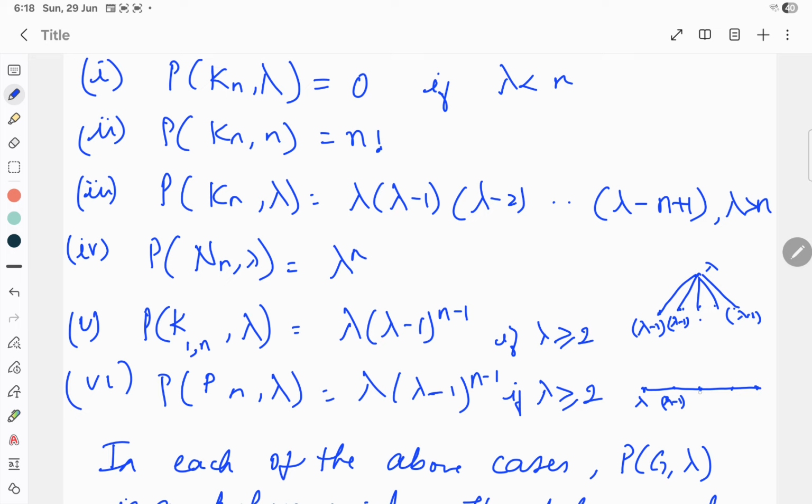The third vertex should not take the color used for the second vertex, but it can take the first color. So again it has lambda minus 1 colors. Similarly for all the other vertices, again it is lambda into lambda minus 1 to the power n minus 1 if lambda is greater than or equal to 2.